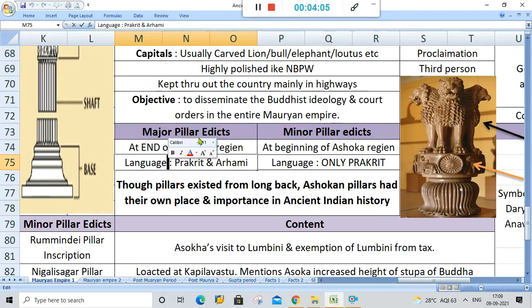The languages in the major pillars are Prakrit and Aramaic. In minor pillar edicts, the language is only Prakrit. These were made at the beginning of the Ashokan regime. You have to remember, major pillars are at the end and minor pillars are at the beginning of the Ashokan regime.